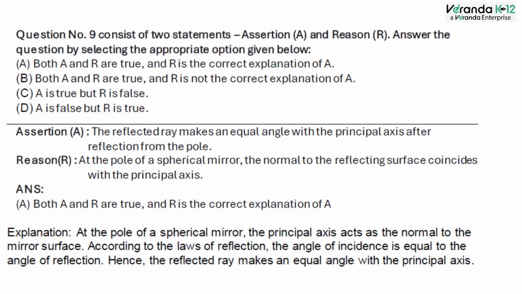Correct option A. Both assertion and reason are true, and the reason is the correct explanation of the assertion. Explanation. At the pole of a spherical mirror, the principal axis acts as the normal to the mirror surface. According to the laws of reflection, the angle of incidence is equal to the angle of reflection. Hence, the reflected ray makes an equal angle with the principal axis.